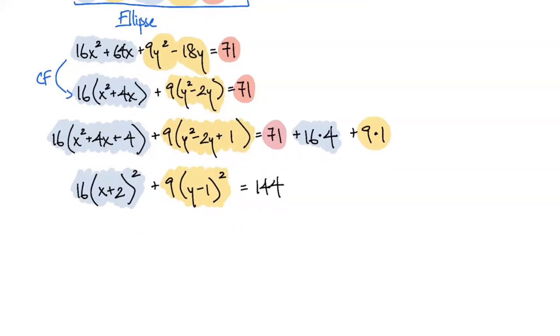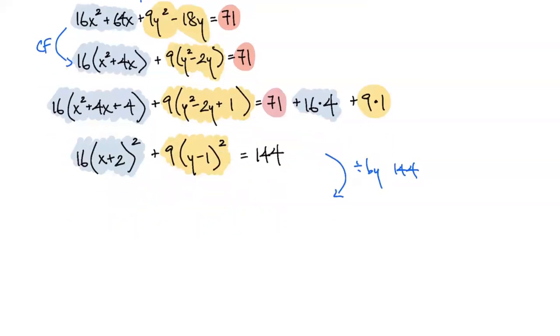And so if we divide by 144, we're going to have to divide everything by 144.